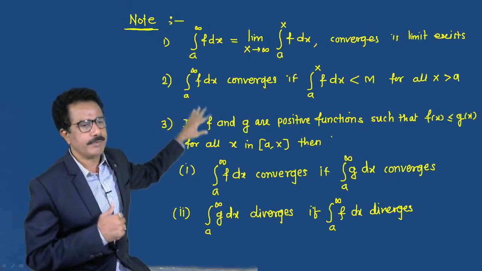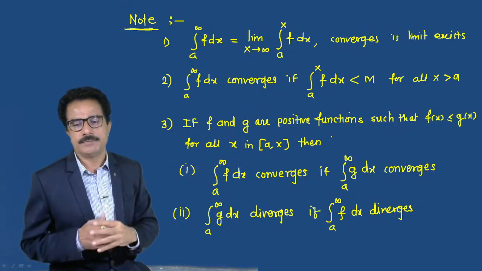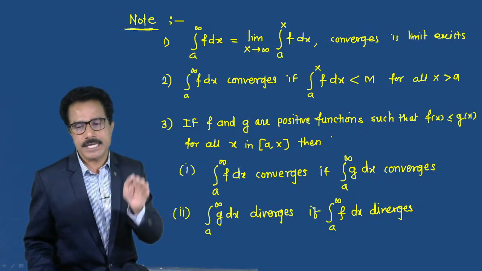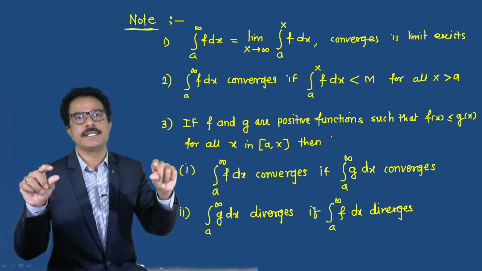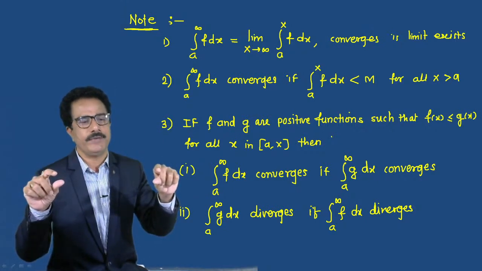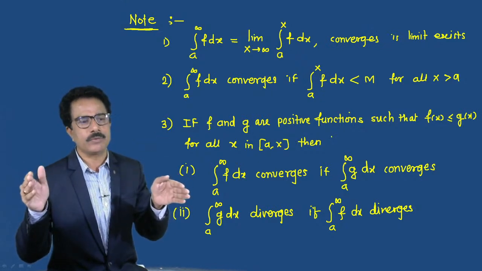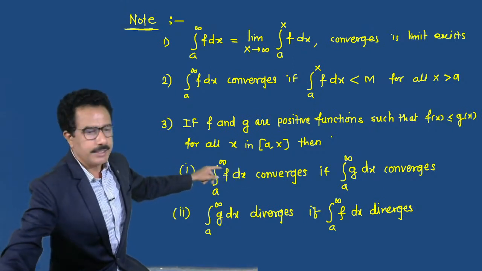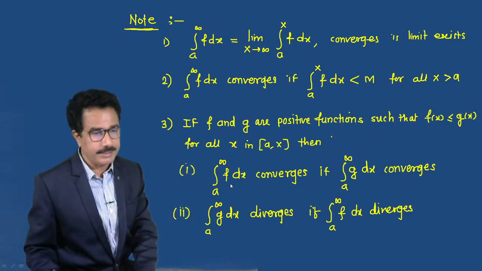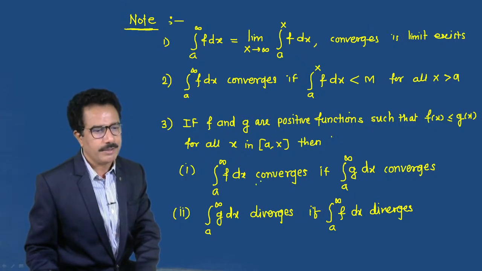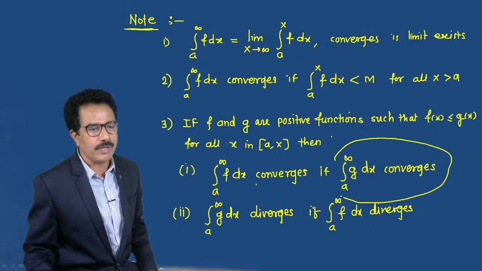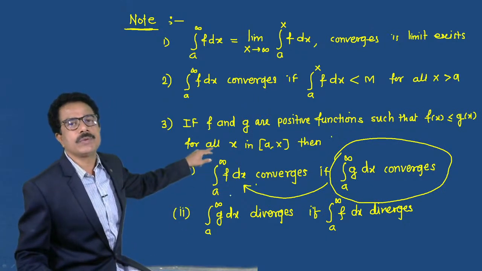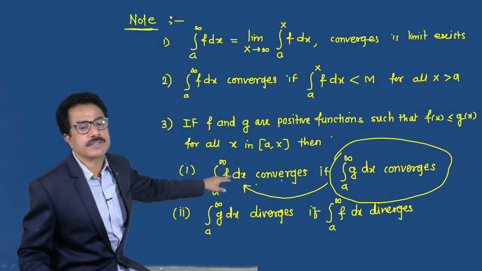We have studied this. Secondly, if f and g are two positive functions such that f of x is less than or equal to g of x, that is, there is a comparison between f of x and g of x, then if the integral of g converges, we can say that the integral from a to infinity of f of x dx converges.